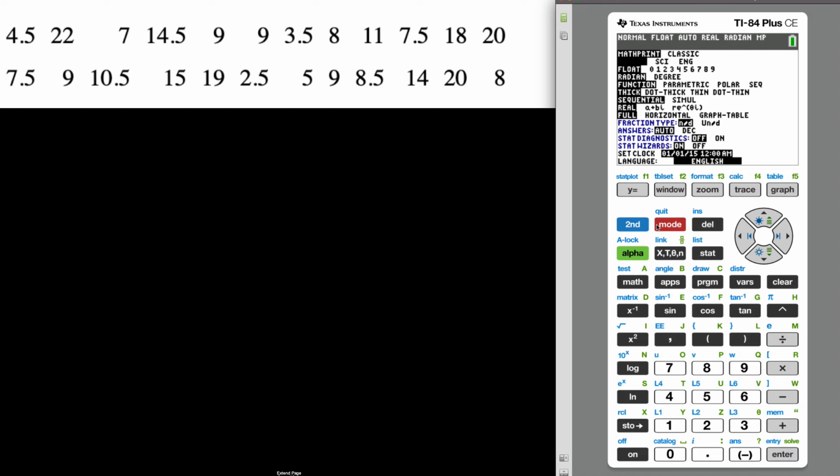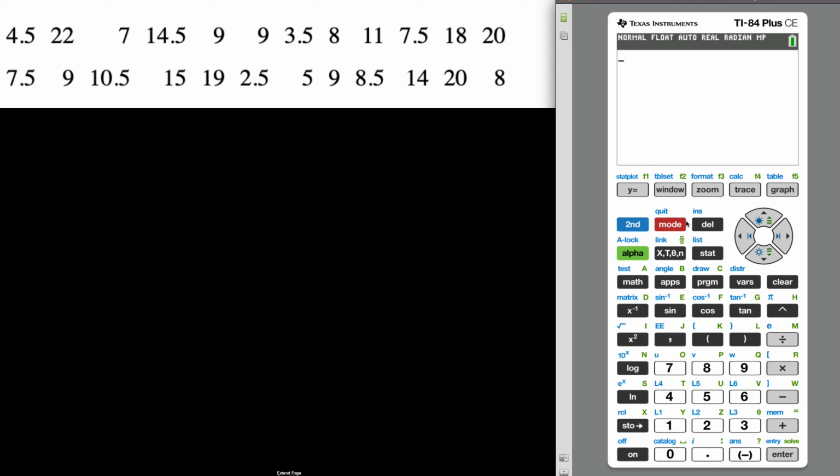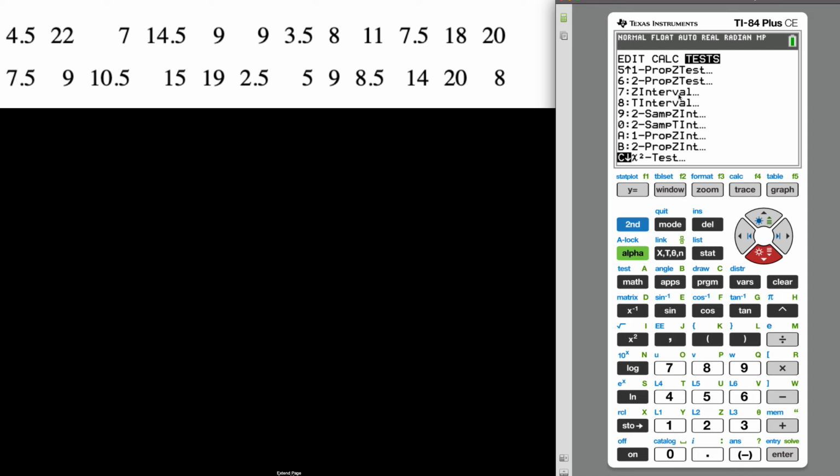Other than that, that's it. That's all we're doing in this particular course here at Nightingale. So, recapping: stat, tests. You want interval. Make sure interval is at the end of it, because you want an interval. You'd be surprised how many people forget that.